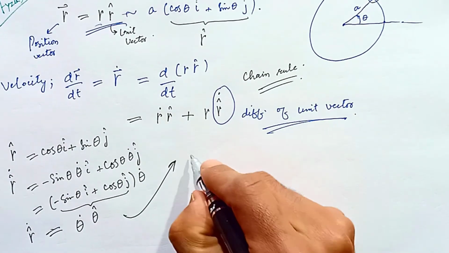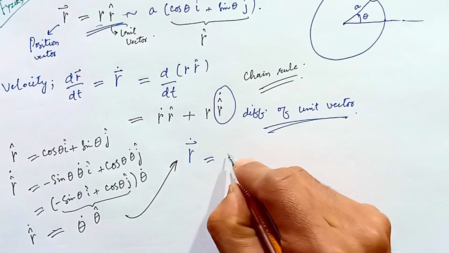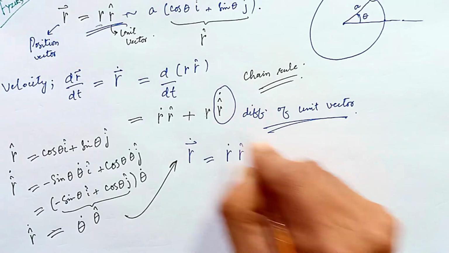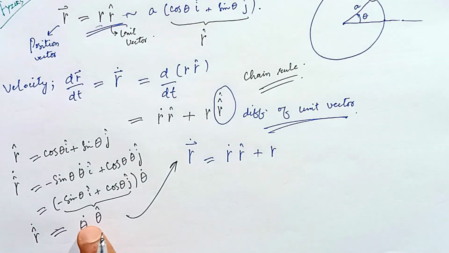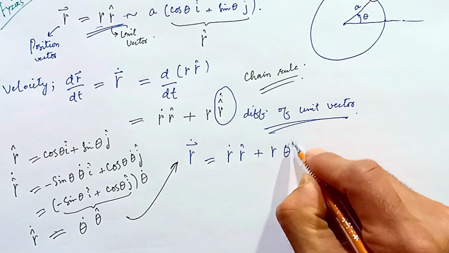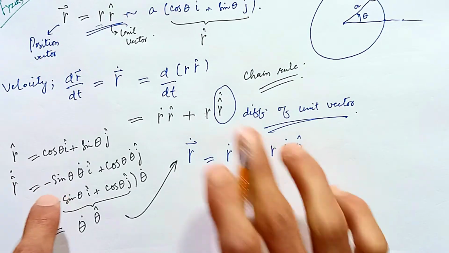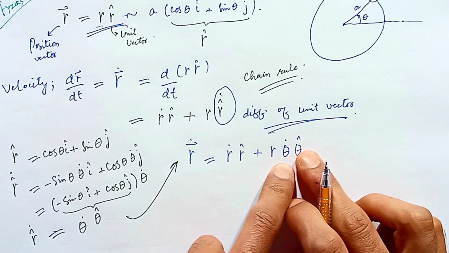Substituting it here, we will get r dot will be equal to r dot r hat plus r times r hat dot, that is theta dot theta hat. Fine. So here the unit vector is not a function of time.